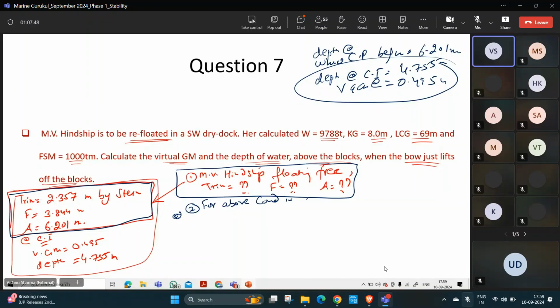So for the above condition in one, find the depth, virtual GM and depth or draft at critical instant.